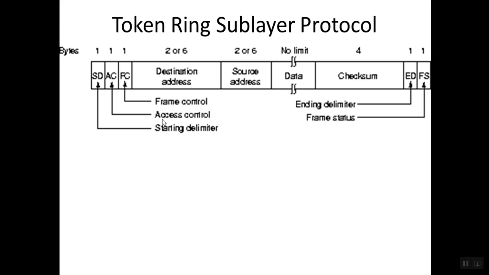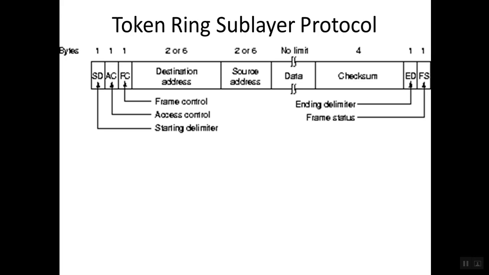Also, these starting and ending delimiters normally use the invalid patterns of the differential Manchester encoding scheme. We have seen what differential Manchester encoding is.